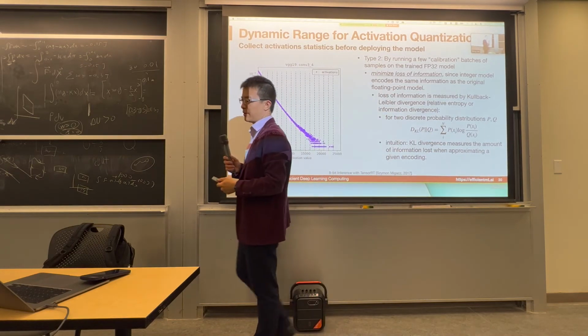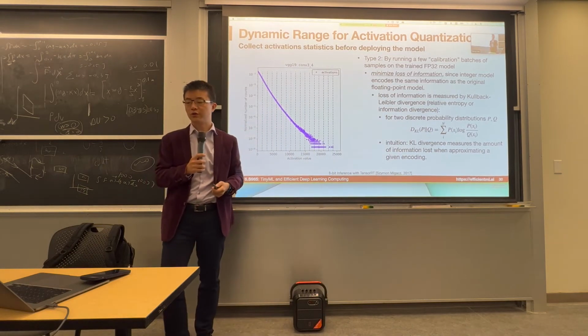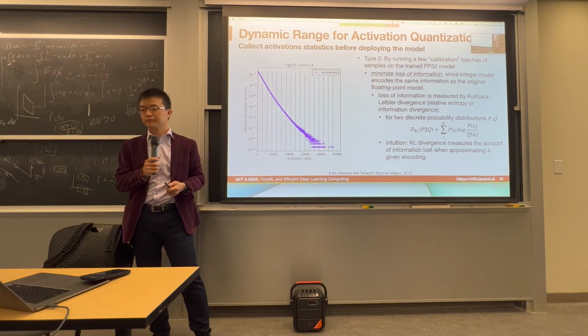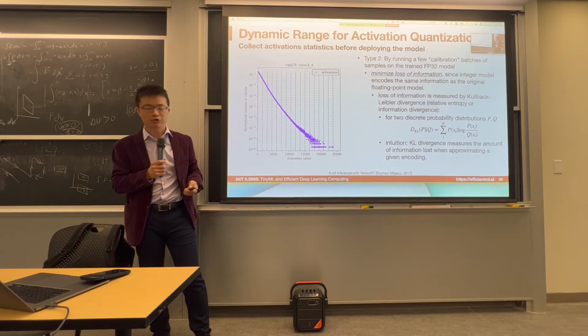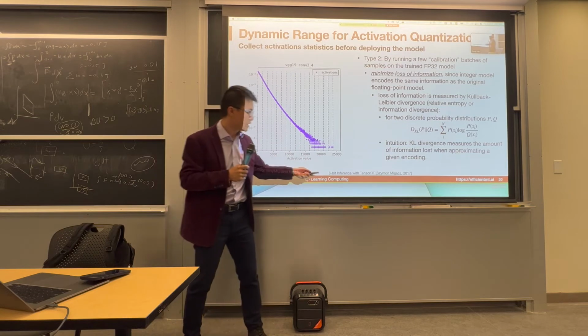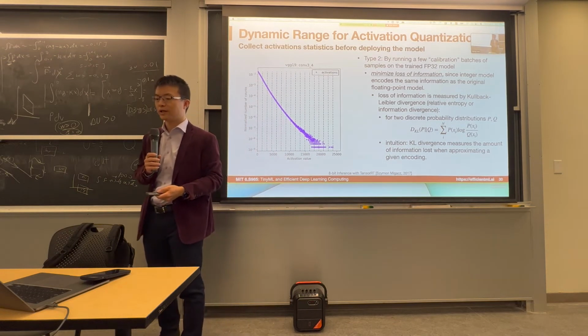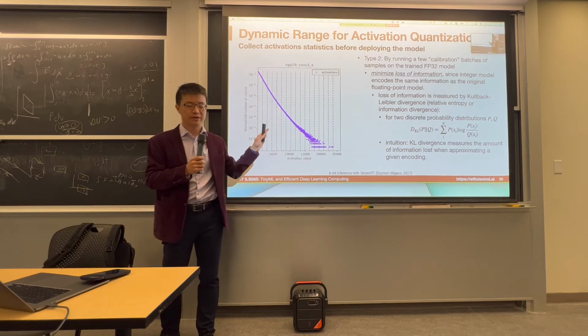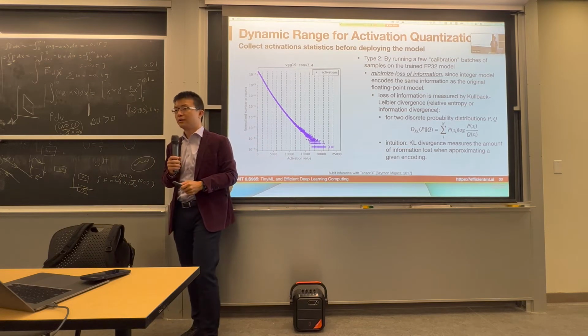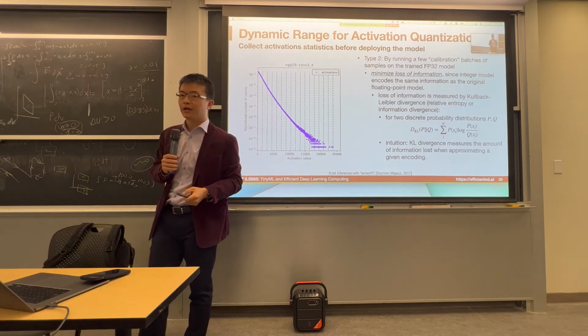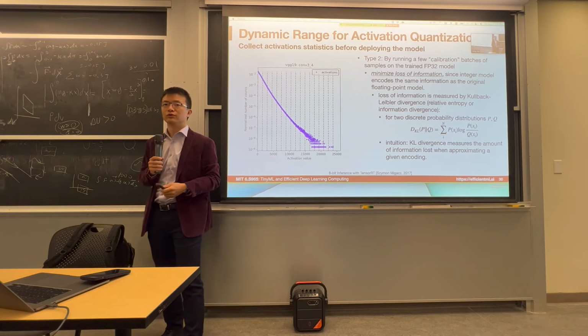The order between P and Q doesn't quite matter. For more information, you can check out this slide from NVIDIA TensorRT. This is a very widely used method, and we tried this and it is actually quite effective for determining the range for convolutional neural nets.